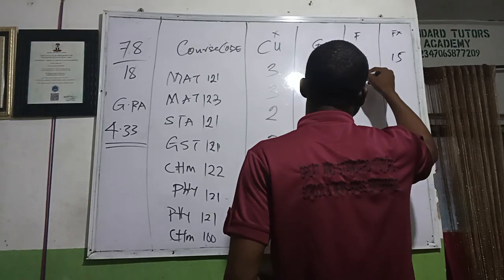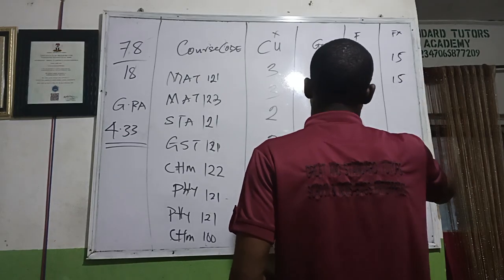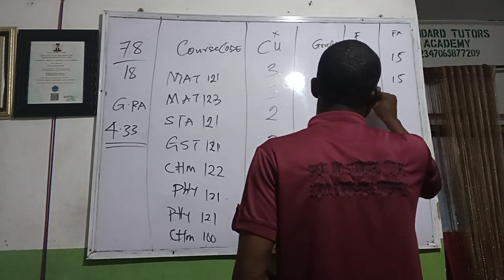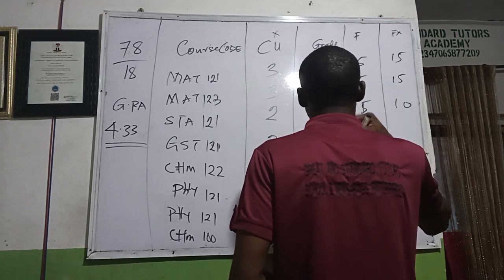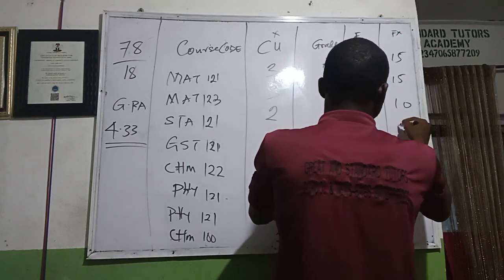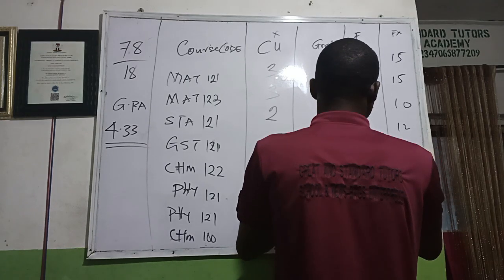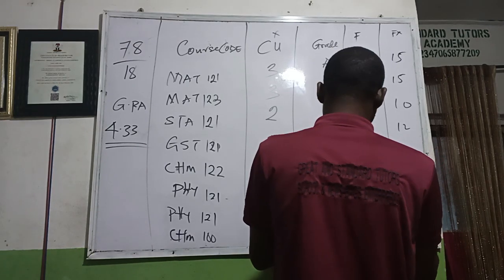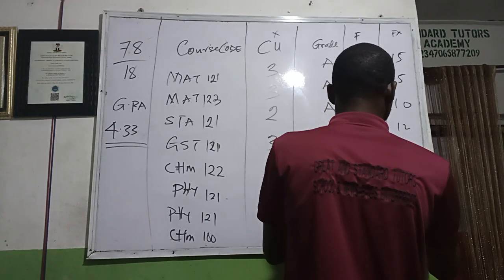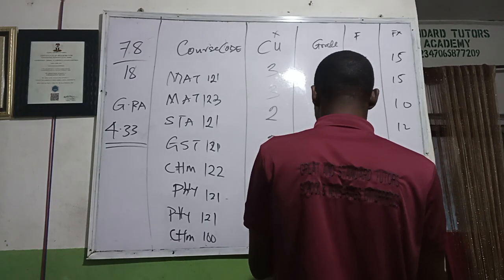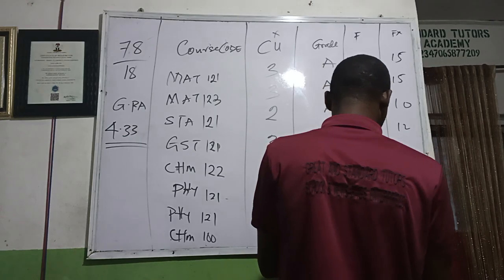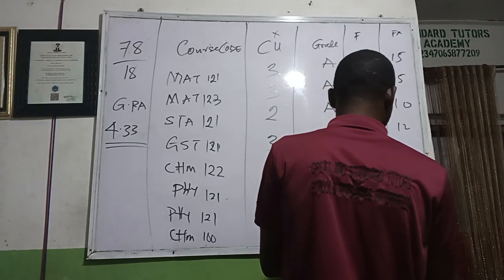Your grade here will be 5, of course. It will be 15. And now we have 10. We have 5, of course. It will be 10. We have 4, of course. It will be 12. We have 5, of course. It will be 15. And we have 5. It will be 10. And we have 3. It will be 6. And we have 4. It will be 8.